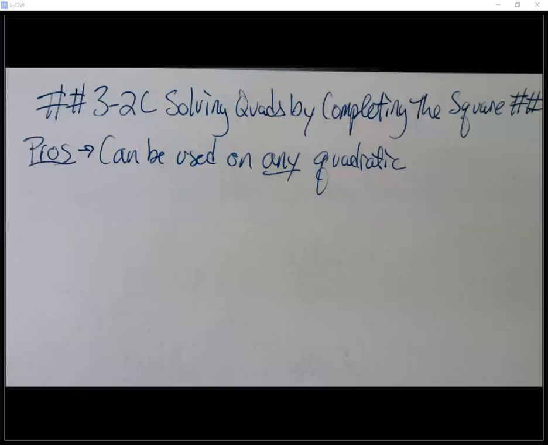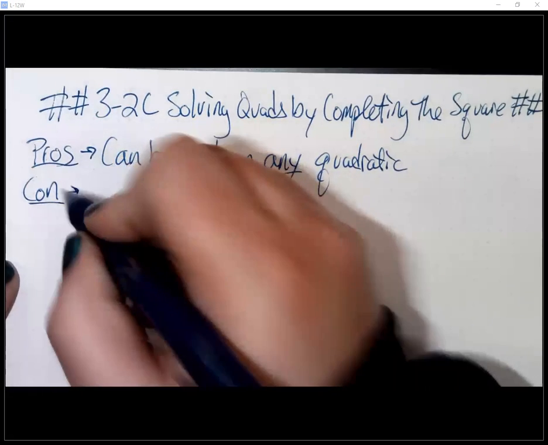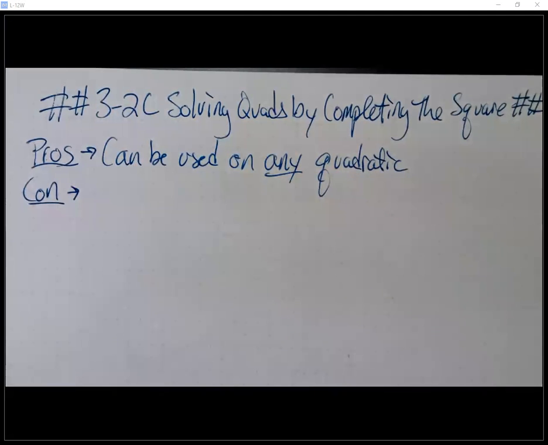So completing the square is another method that will work on any quadratic ever, but it's longer than factoring. So if I can factor it, I want to do that. The pro is that you can do it on anything. A con is that if your B number is odd, now you gotta deal with fractions and it's kind of annoying.